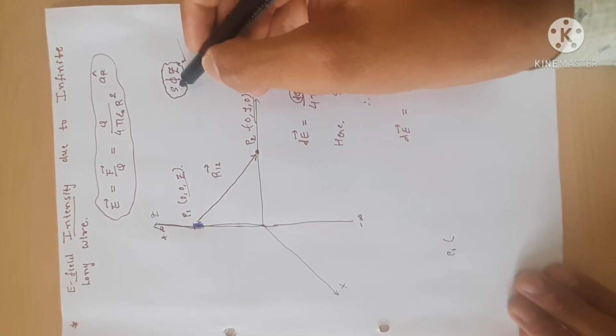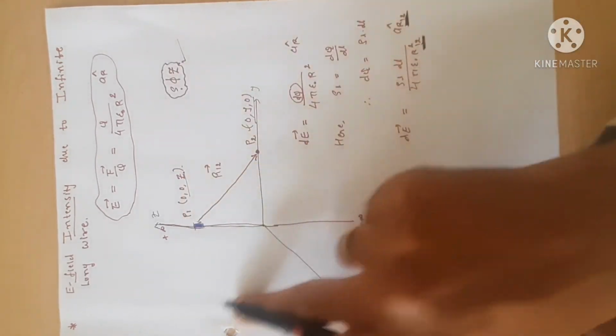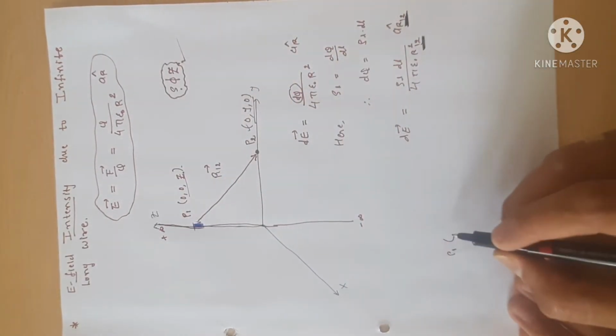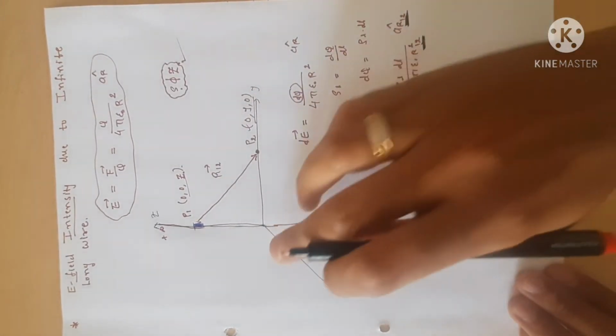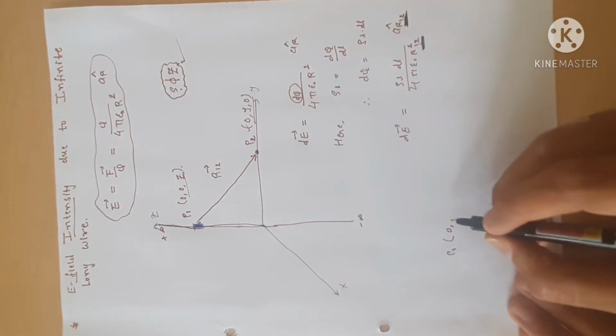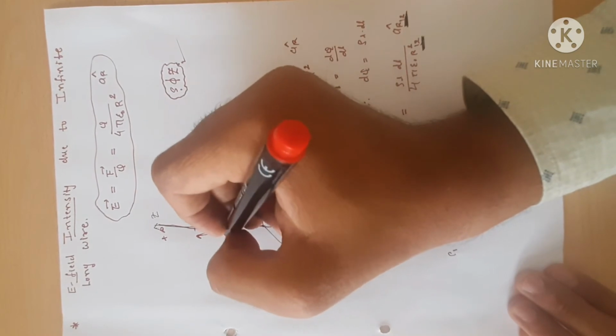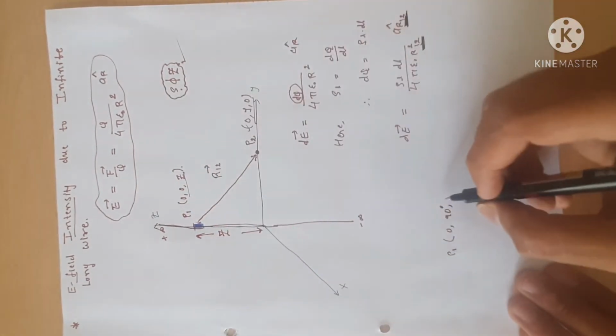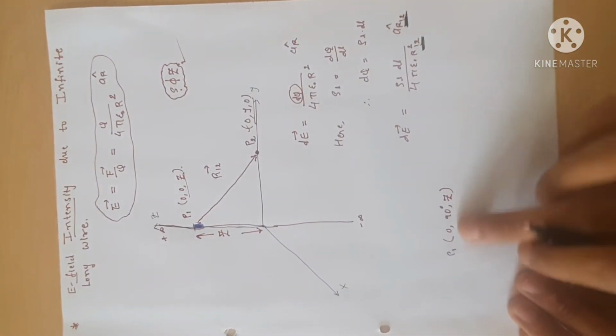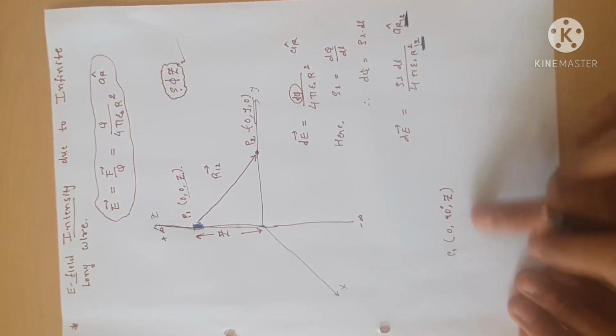What is rho? Rho is the radius of the cylinder. If we consider this is a cylinder, in this case the radius, that means rho, is 0. Phi is the angle with respect to x-axis, so it is 90 degree, and z means the height of point P1 with respect to the xy plane, this is z. So it is the new coordinate of my point P1 in cylindrical coordinate system.